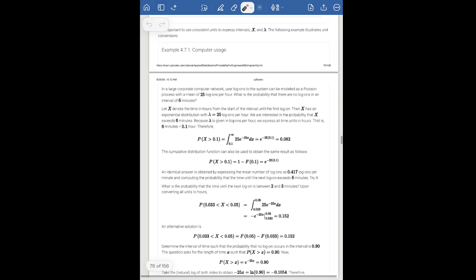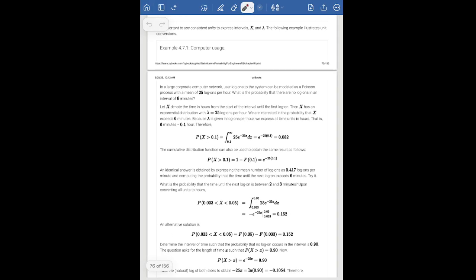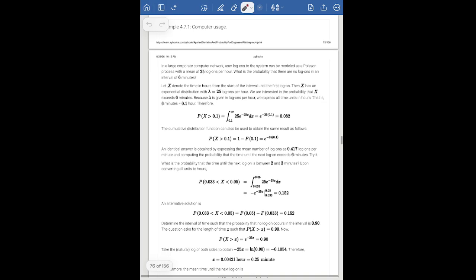Computer usage. You may have a situation where you have logons modeled as a Poisson process with a mean of 25 logons per hour. What's the probability that there are no logons in an interval of 6 minutes? We can use this to calculate that type of probability.